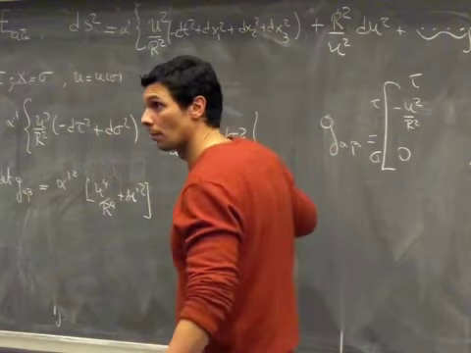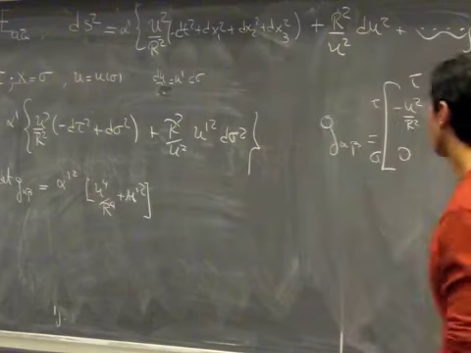Any other doubts about this? Because this is the most complicated part of the calculation, really. So all the rest flows almost by itself. Is this okay? Great. That's the determinant of the induced metric there.